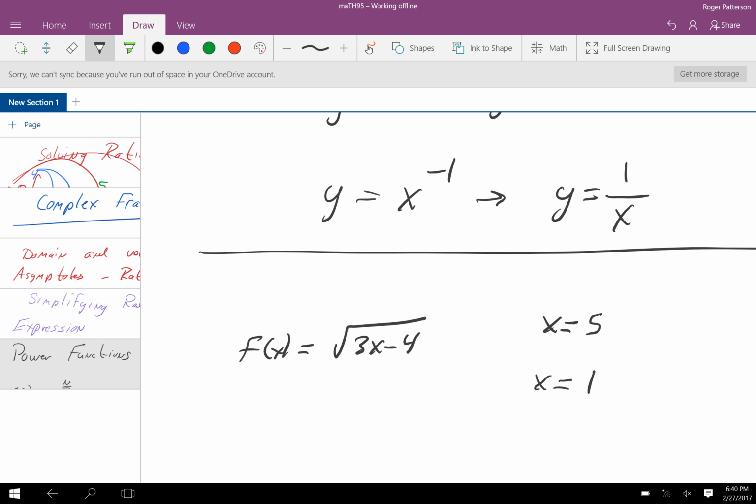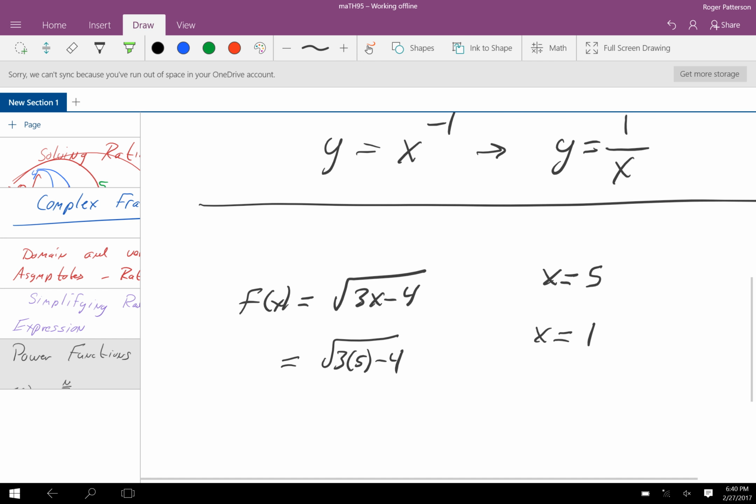All right. Well, so let's look at it. So if x is 5, heck, all I got to do is put 5 in there, right? Three times 5 minus 4, 11. So it says, when the result is not an integer, approximate to the nearest hundredth.